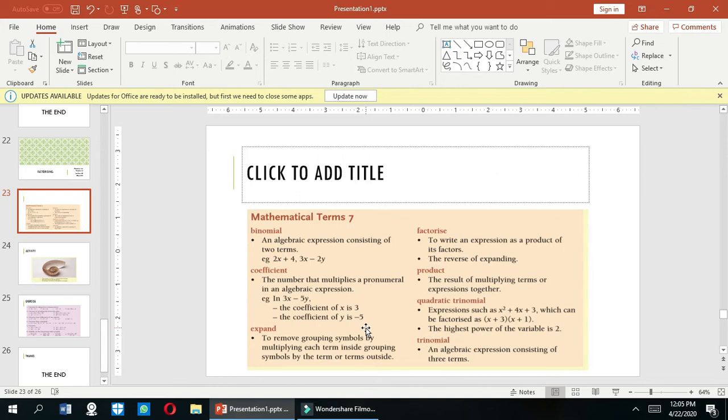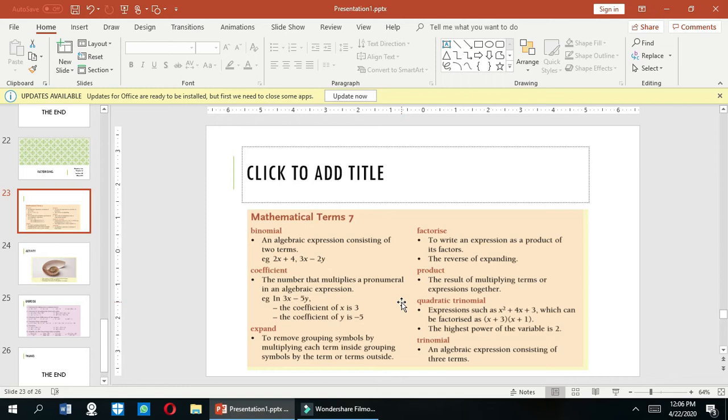And what is expand? To remove grouping symbols by multiplying each term inside the grouping symbols by the term outside.